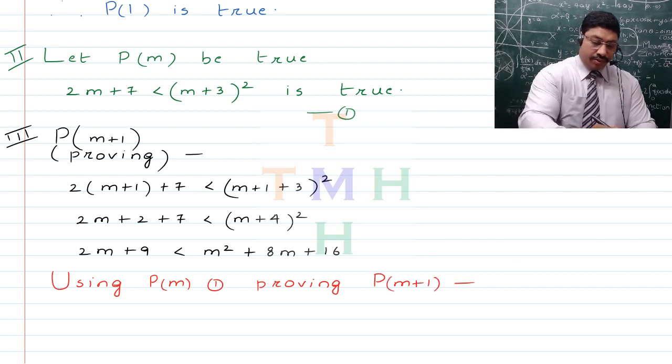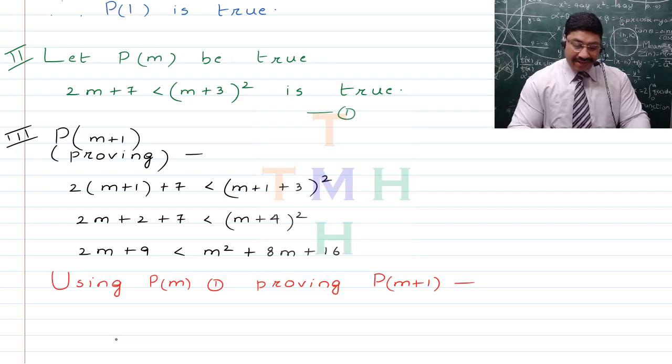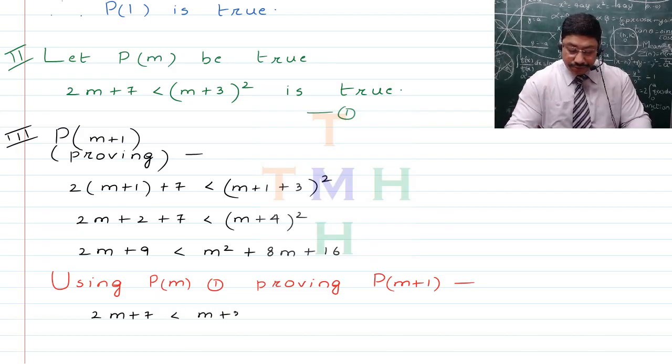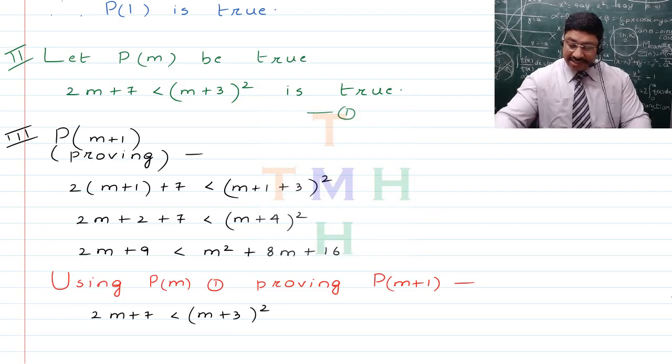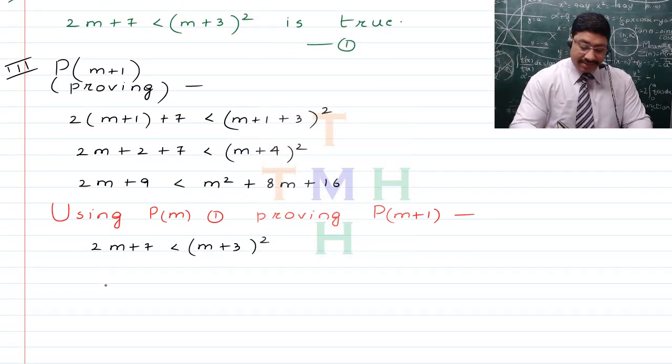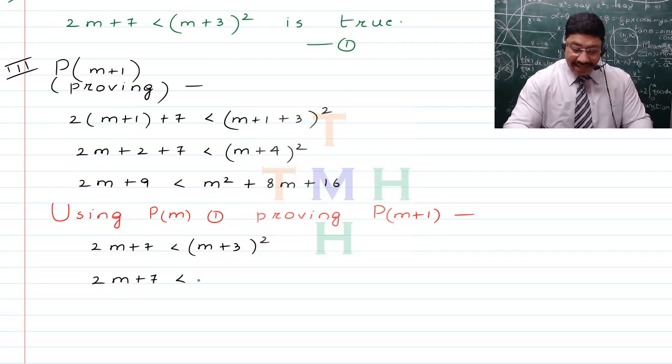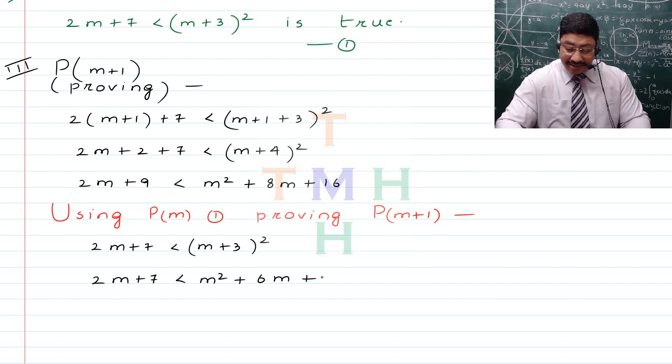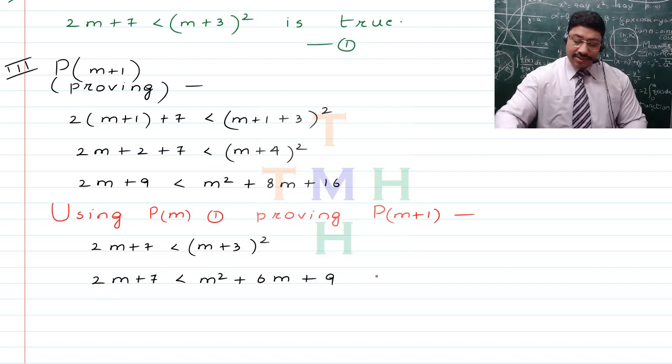Now further here, we bring in what is already true, that is 2m plus 7, and from that is subtracted m plus 3 whole square, and we expand this and try to understand what actually this is. So this is 2m plus 7, which is actually less than m square plus the 2ab term, which is 6m, and plus 9. Okay, so this we know as true, right?